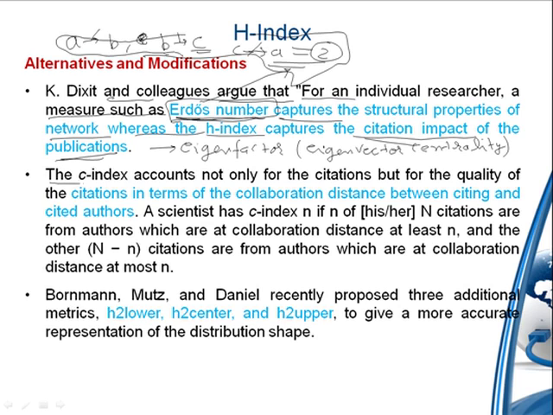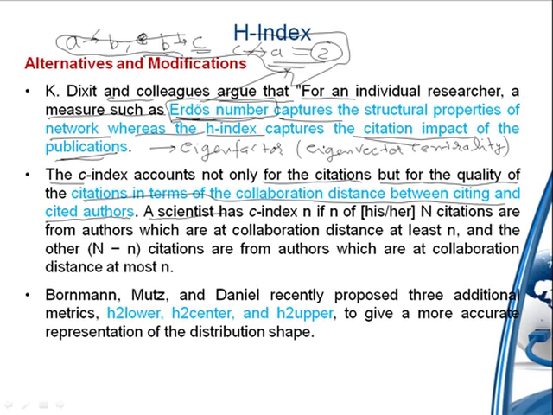Now another modification is the C index, which accounts not only for the citations but for the quality of the citations in terms of the collaboration distance between citing and cited authors.